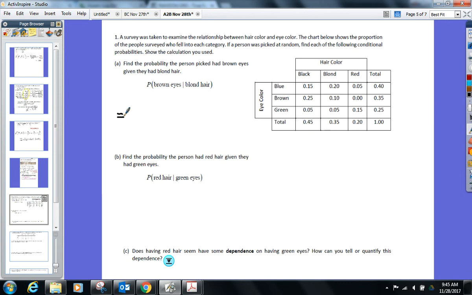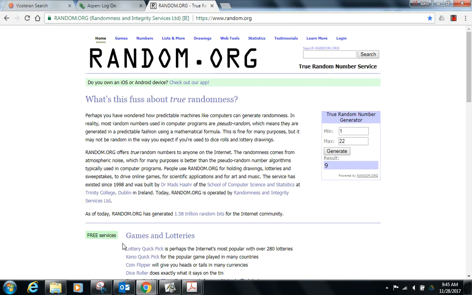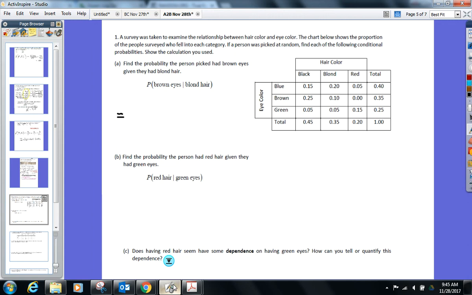Okay, let's go back to you guys. Here we go. 15. Well, what's the probability you're going to have blonde hair first? Blonde hair. Regardless of eye color, blonde hair. 0.35.